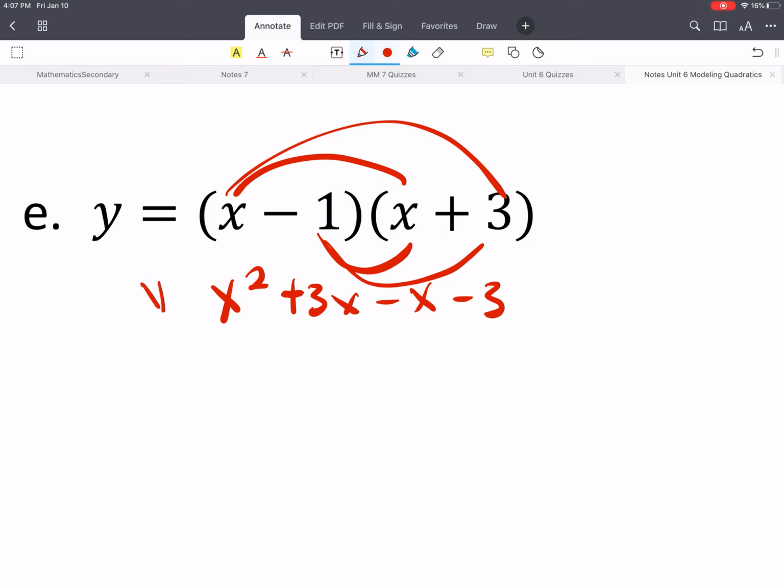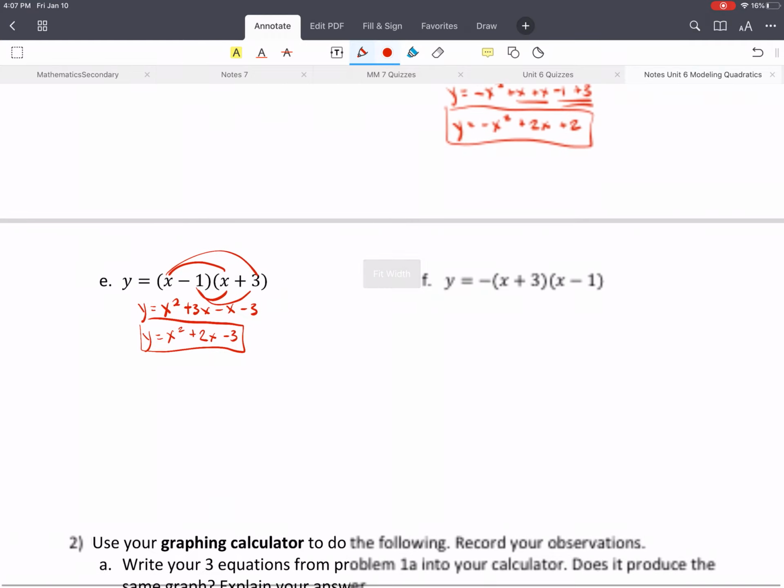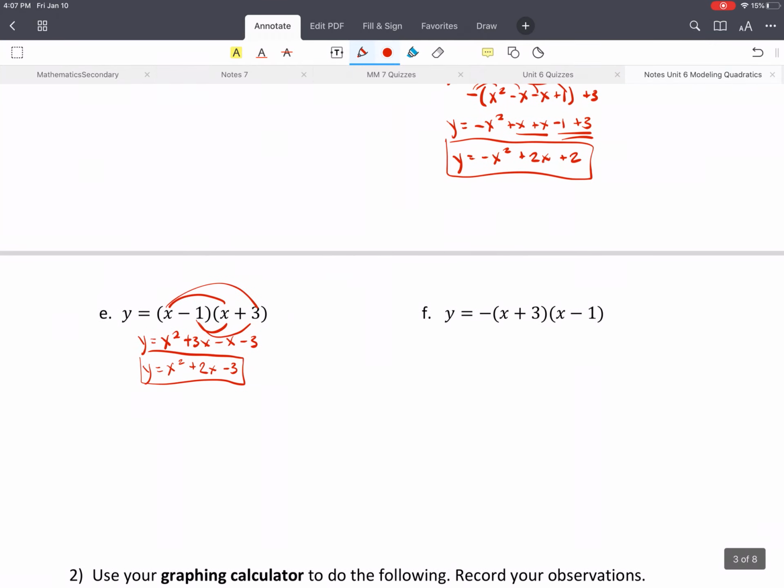Combine like terms. x squared plus 2x minus 3. And then from there you'd need to put it in vertex form. All right, so that's pretty much it. If you need more examples, again, sound like a broken record, please go to the previous videos.